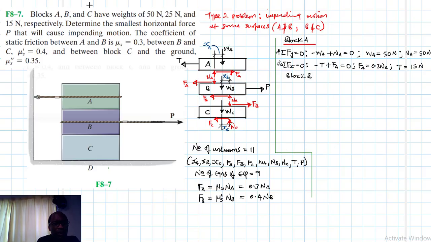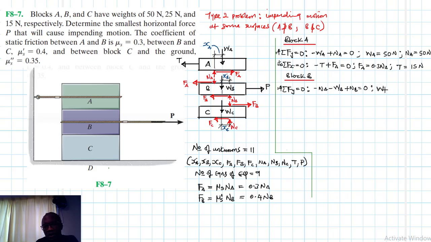Block B. So we have summation of forces in the Y equal to 0, going up being our reference. What do we have? We have minus NA minus WB and plus NB equal to 0.